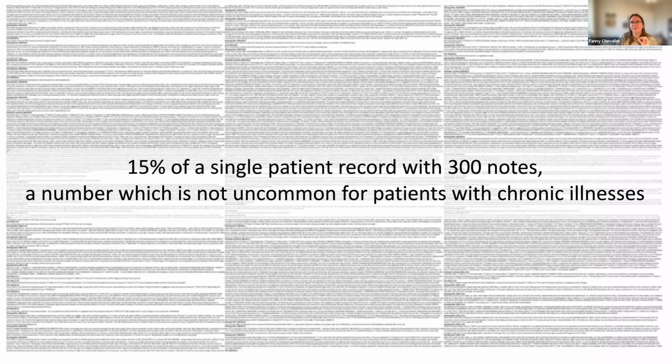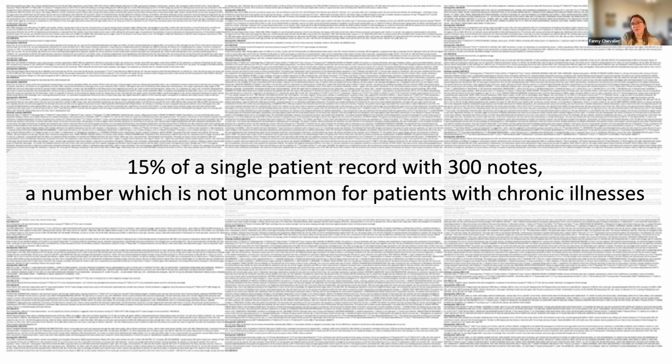Here in this example, it's only 15% of a single patient record with 300 notes, a number which is not uncommon for patients with chronic illness. Even though the information is out there as text, you can easily imagine it's quite difficult to go over all of it and integrate the information it contains. You need to read through all of these pages. Yet it's critical for the physician to get as complete and accurate a grasp of the patient's clinical trajectory as possible to provide appropriate care.